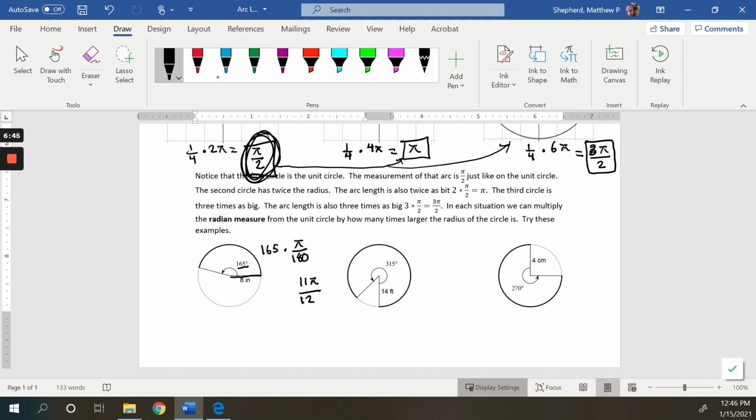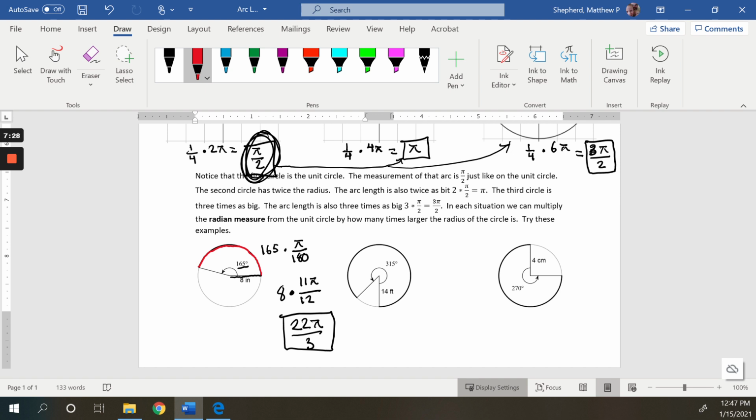Now, this would be the radian measure if this was the unit circle, but this isn't the unit circle. This is a circle that's 8 times bigger. So all I really need to do to scale this radian measure up is multiply it by 8. And after we do that and simplify, we get 22 pi thirds. And that is the length of the arc of going around the circle that has a radius of 8, 165 degrees.